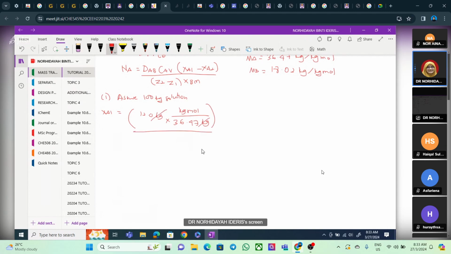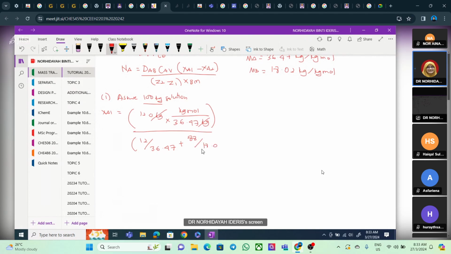We divide the kilogram by the molecular weight so that we get the unit of kilogram mole. So 12 divided by 36.47, plus... we have 100 kilogram solution. If 12 kilogram is HCl, the remaining 88 kilogram is water.